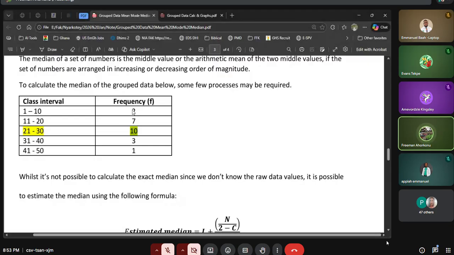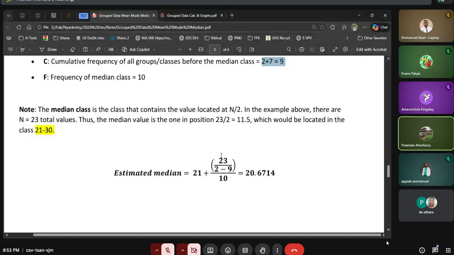So if you put everything here, N, 2 minus 9, and the 10, and you punch everything and add to this one, you're going to get 20.6714. So for your final answer, you can quote 20.67, that's fine. Even if the question didn't state it, you can quote 20.67.